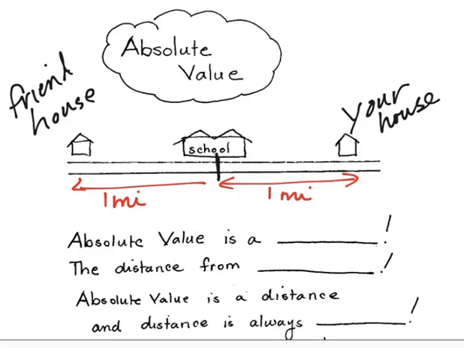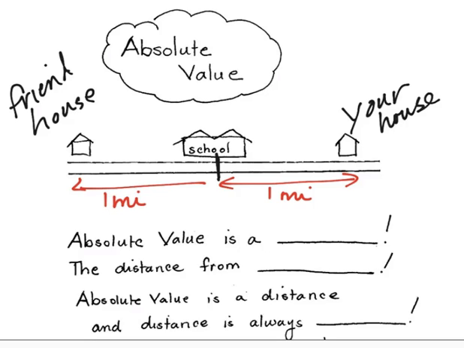Because there's nobody here that's negative 1 mile. There's just 1 mile to the school from your house, or 1 mile from the school to your friend's house. There's no such thing as negative miles. There are just miles in different directions.